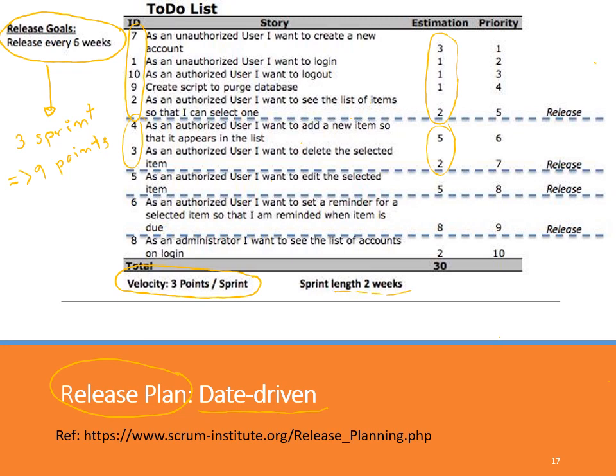So you can see that with this way of planning, we can make 4 releases of the software. But of course, it is not based on the completion of certain features, but based on the time to make a new release. And these are just 2 different approaches that we can make use of for release planning.